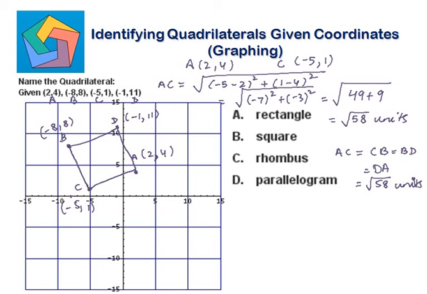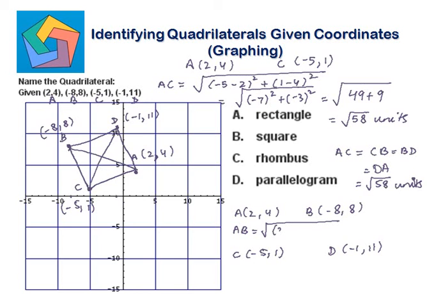Now the diagonals, AB and CD. A is 2, 4 and B is -8, 8 and C is -5, 1 and D is -1, 11. So if you find the diagonal's length, AB is equal to square root of 2 plus 8 squared plus 4 minus 8 squared.